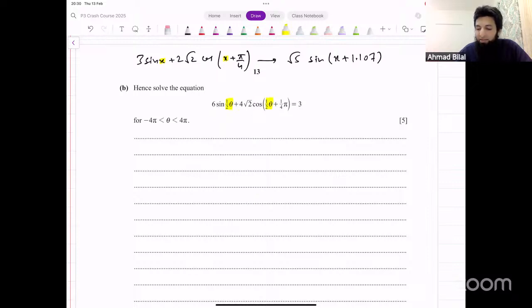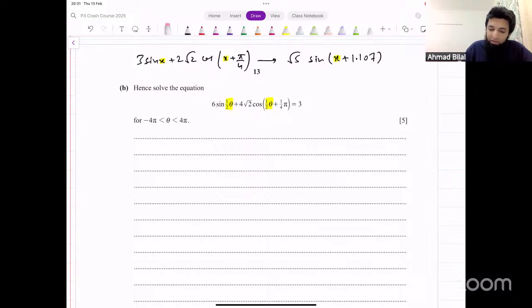So on the right side as well, in place of x here, you would have half theta. But the numbers are also not the same. This is 6, this is 4. Here we had 3 and 2. So the whole thing has also multiplied by 2, right? So instead of 3, you've got 6. Instead of 2 under root 2, you have 4 under root 2.